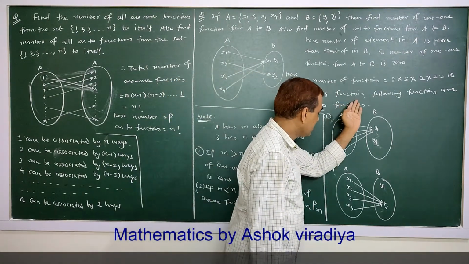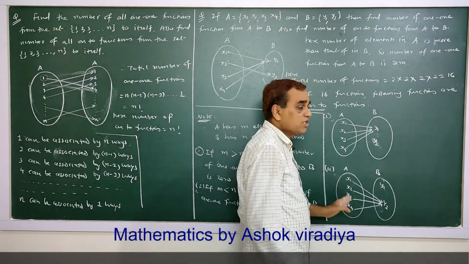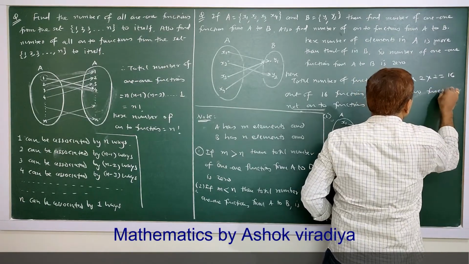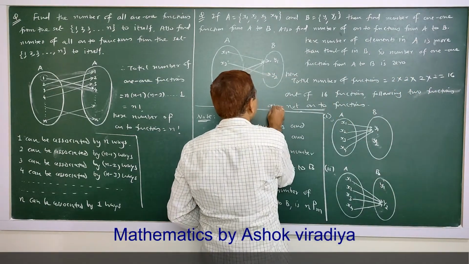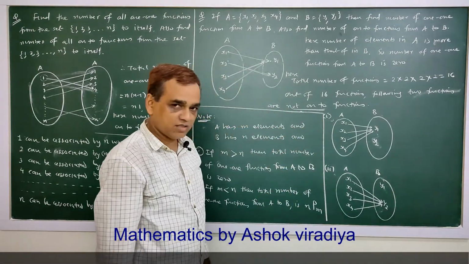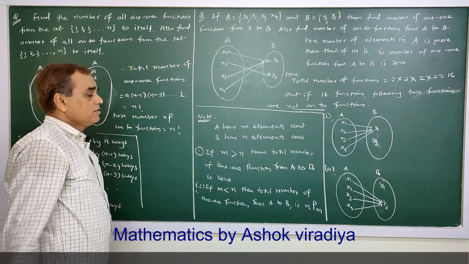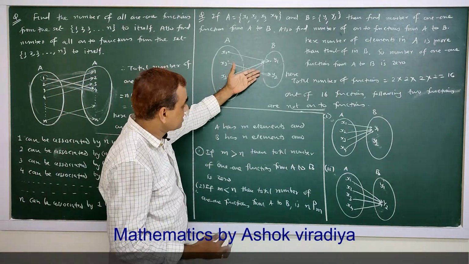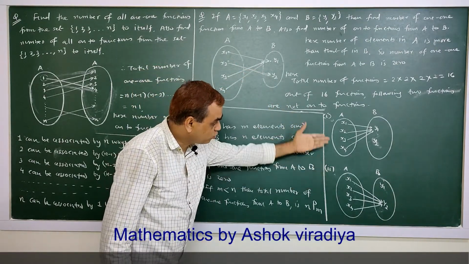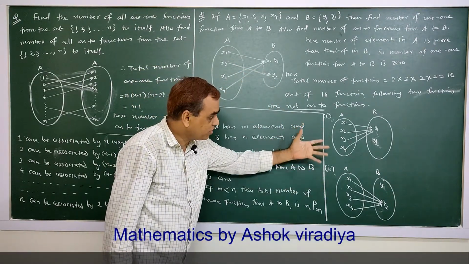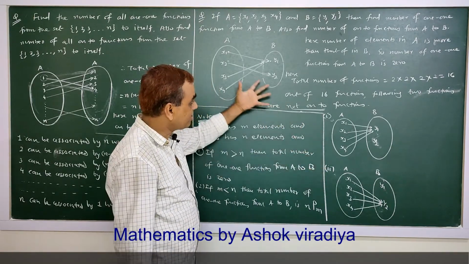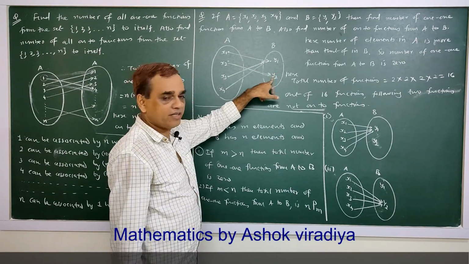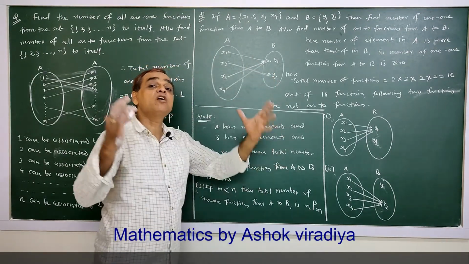Out of 16 functions, these 2 are not onto functions. In the remaining 14 designs, both y1 and y2 are connected, so all the remaining functions are onto.